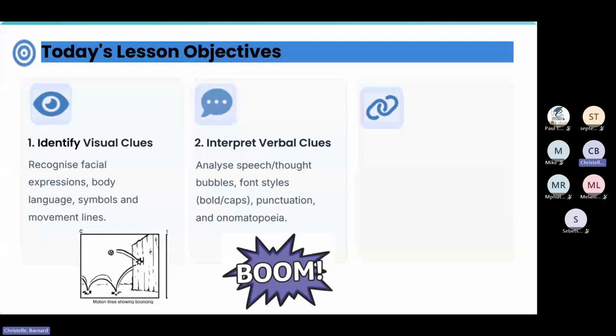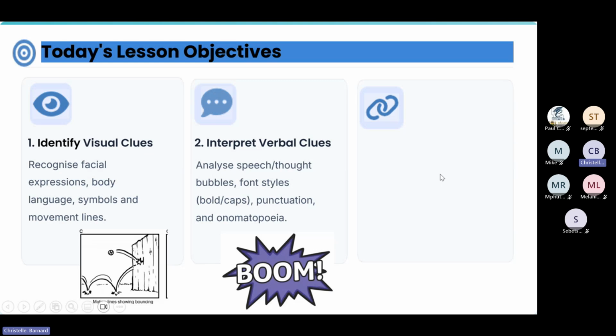And the last thing that you have to do, after you've identified all the visual clues, everything in the picture, the facial expression, the body language, all the movement lines, and then looked at all the verbal clues, the words, the type of font, capital letters, bold print, punctuation, is to put these things together.